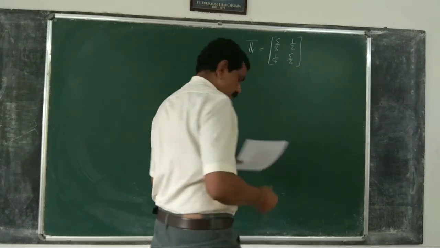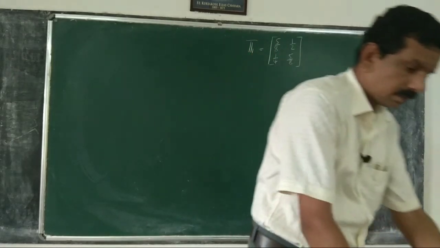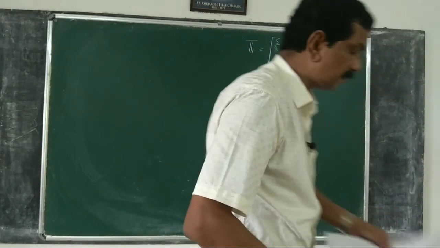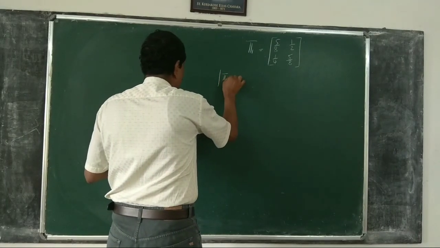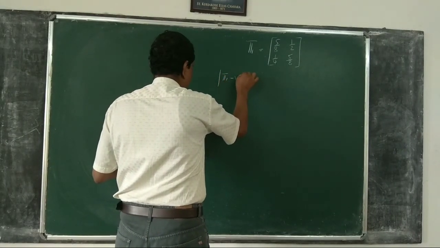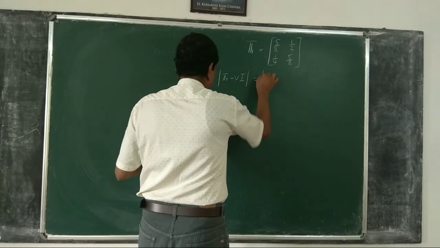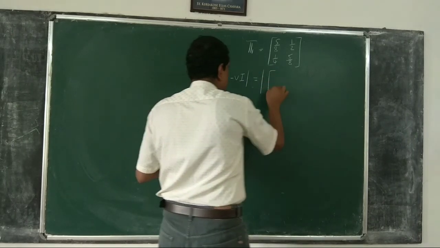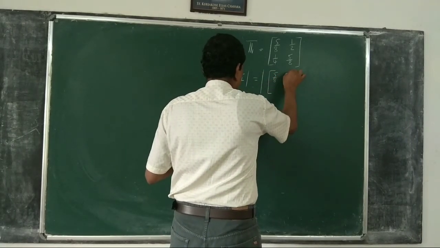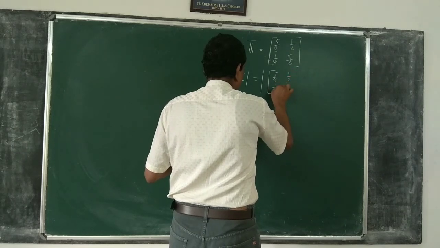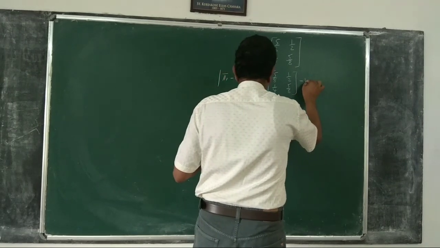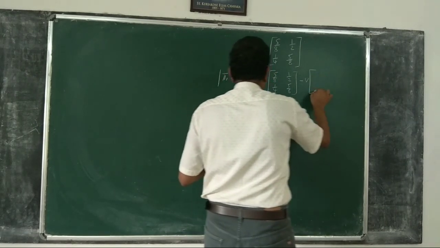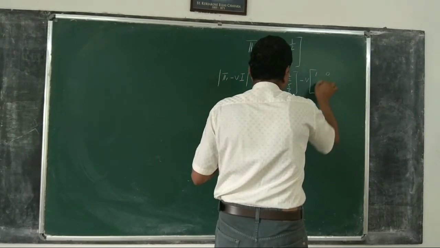Now, the determinant of pi1 minus vI is equal to the determinant of the matrix 5 by 8, 1 by 2, 1 by 4, 5 by 8 minus v times the identity matrix 1, 0, 0, 1.